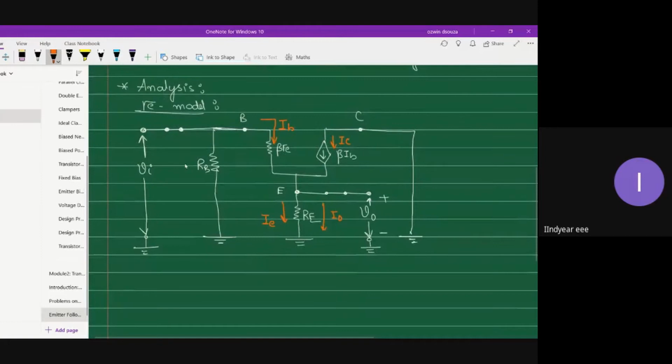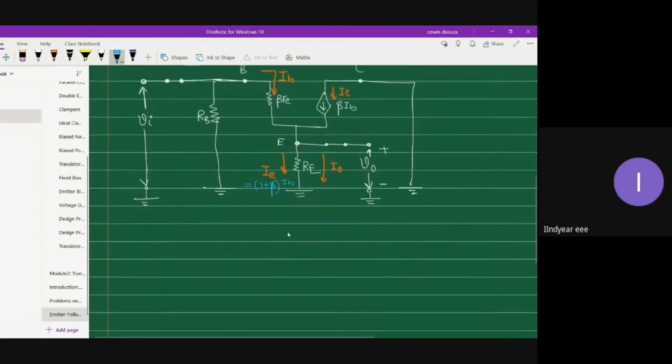What I will do over here itself, let me write IE as 1 plus beta times IB, because I have a ready-made expression which will help me in replacing IE in terms of IB. So I have directly substituted IE as 1 plus beta times IB.